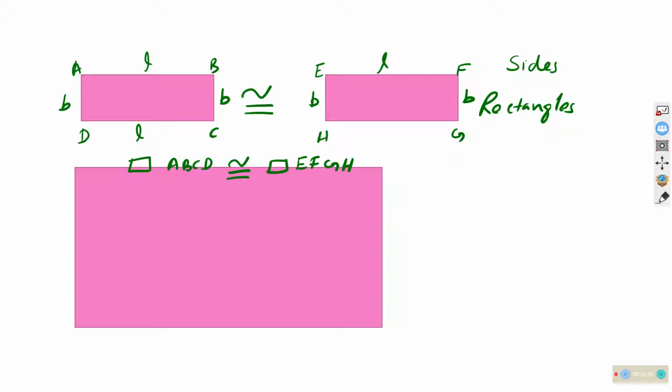Okay, I would like to write another simple representation here. If you show like this, it is read as not congruent.